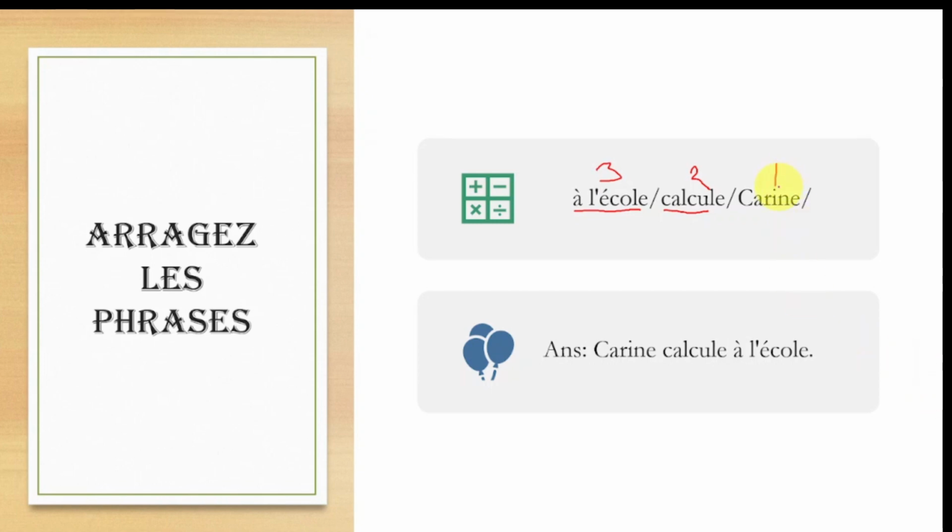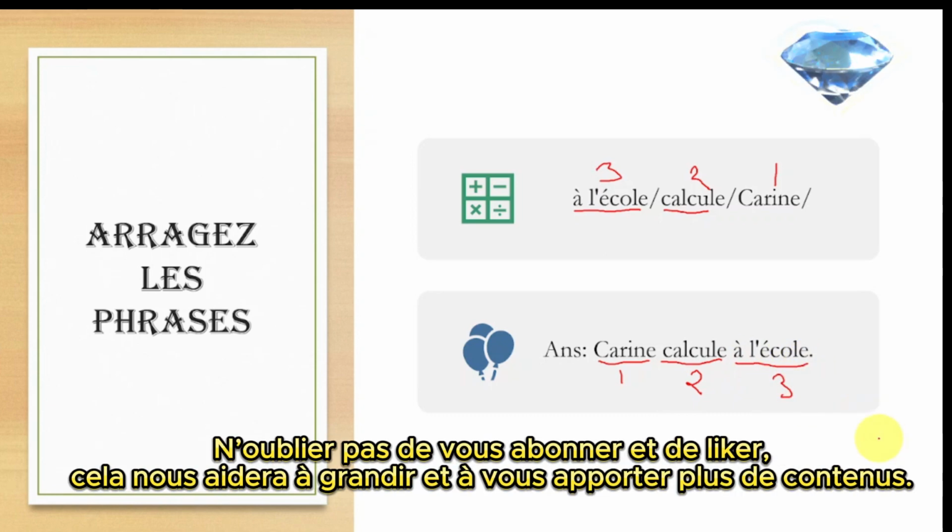So one is Karine. Okay? One is Karine. Calculer. This one, two. I'm not saying calcul. No. Calculer. And then à l'école. That's how we write it.